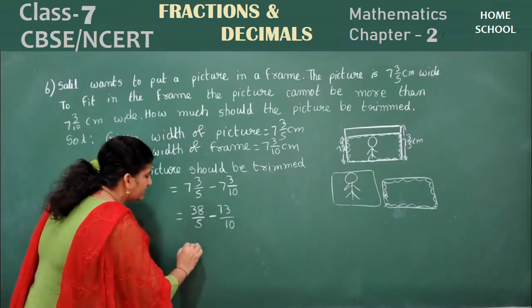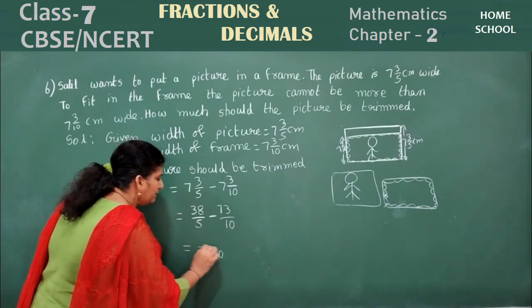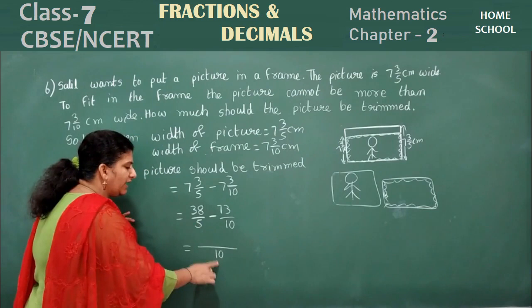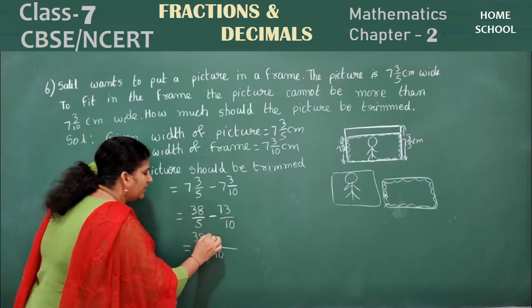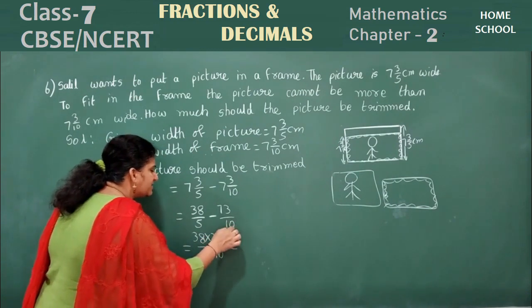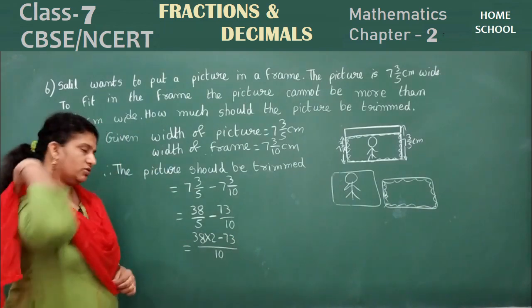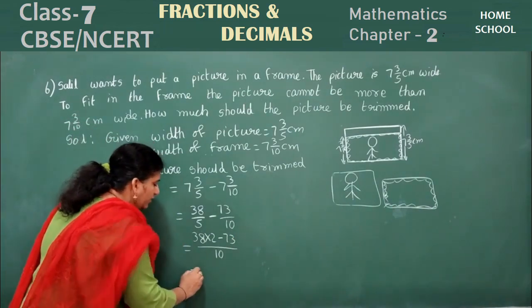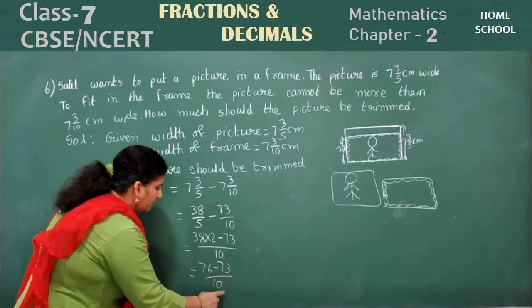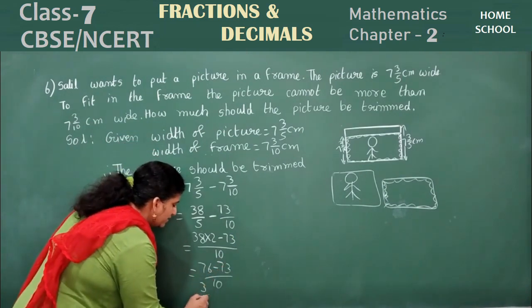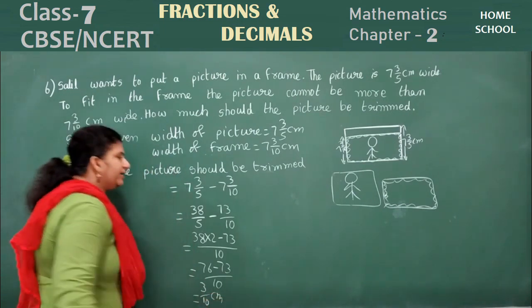So now let's do the LCM here. 5 and 10 LCM is 10. 5 table where you get 10, 5 twos are 10. So multiply here. 38 twos are, minus 10 table ones are, so no need of multiplying anything. Right? So now, what is 38 twos are? 76 minus 73, 3 by 10. That will be 3 by 10 centimeters wide.